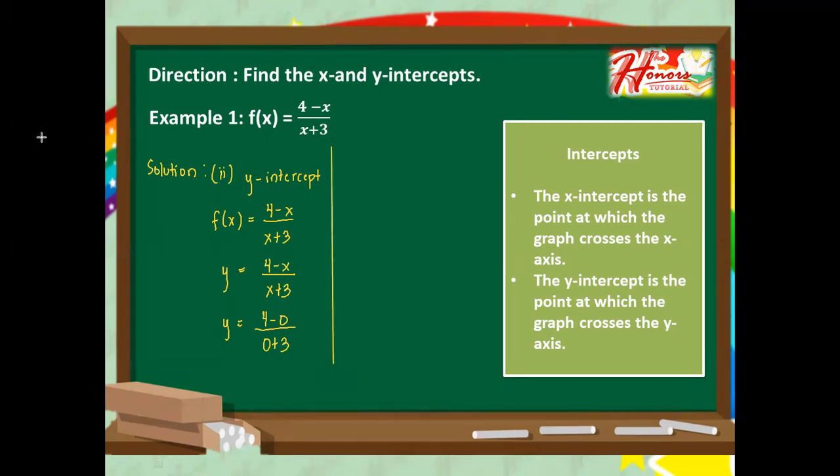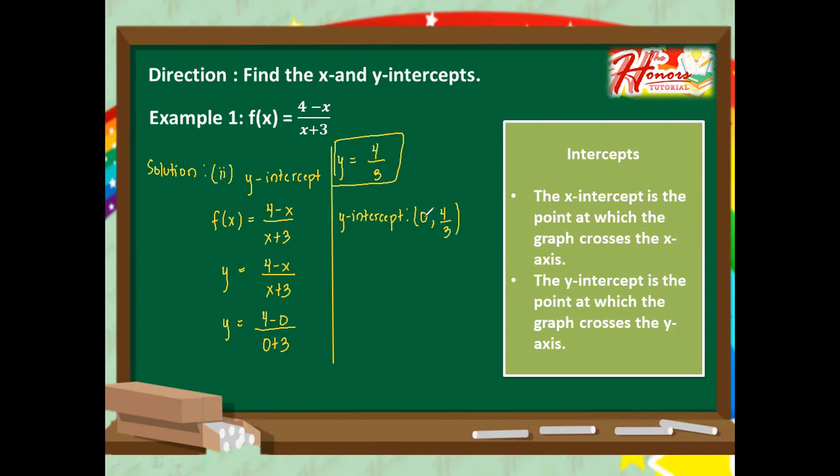So just copy y equals 4 minus 0, that is 4, over 0 plus 3, that is 3. So now this is your y-intercept. Let's write it correctly. Let's label it as y-intercept, and this is 0 and 4 over 3.